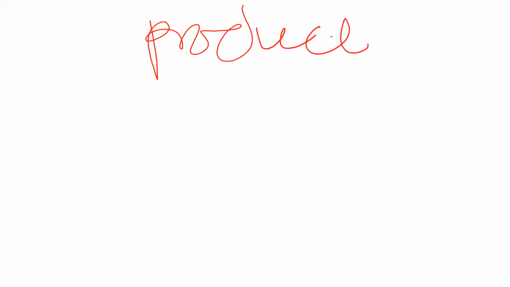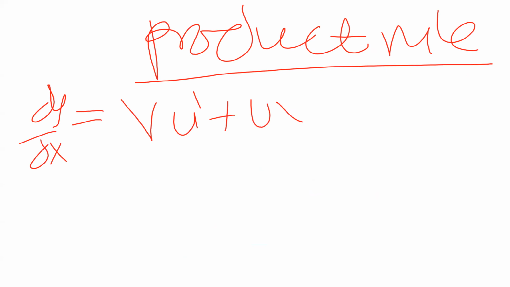We can now talk about the product rule. The product rule states that if you have two expressions that multiply themselves, to find dy over dx, you have v u prime plus u v prime.